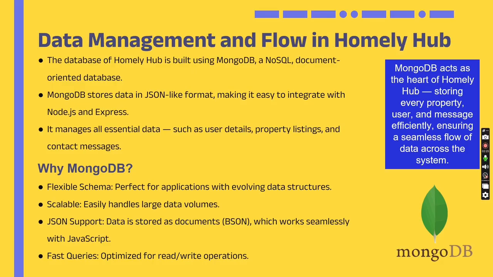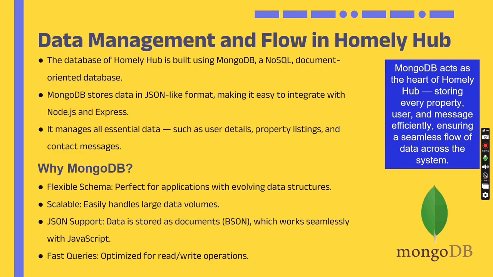Unlike traditional databases that use tables and rows, MongoDB stores data in JSON-like documents, which makes it easy to store complex data structures. This flexibility allows us to work with data that can change over time without needing to redesign the entire database. This is a feature of MongoDB.